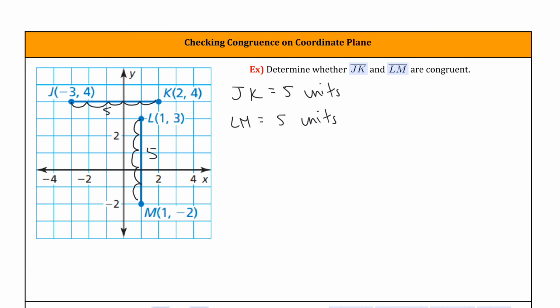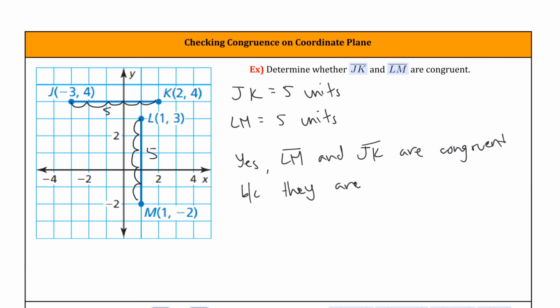All right, and so if we are determining whether or not these are congruent, then we need to say yes or no, but we also need to explain. So, yes, segment LM and segment JK are congruent because they are the same length.